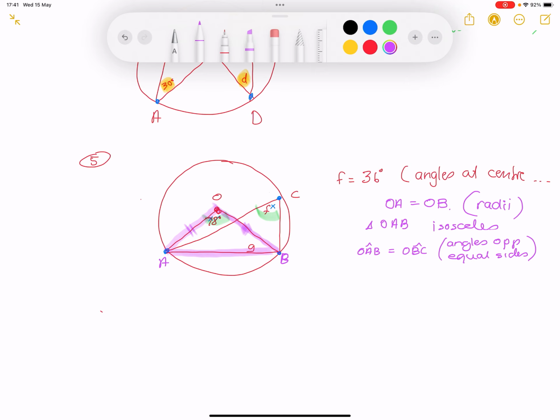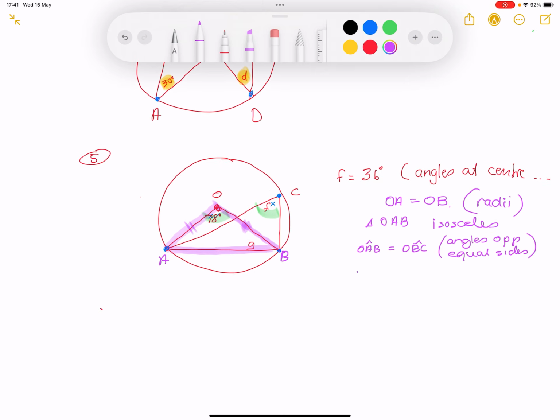So then you have 180 minus 78 is 102. Yes, ma'am. So 102 divided by 2 is 51. So therefore angle G is 51 degrees. Okay. Yes, ma'am.